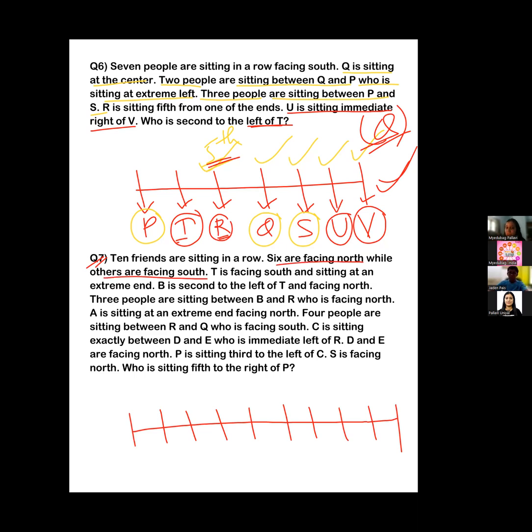Again, it is not fixed who is facing which direction. We just know that 6 are facing north, and the others, that means 4, are facing south. Only this much we know. Okay, now try it.